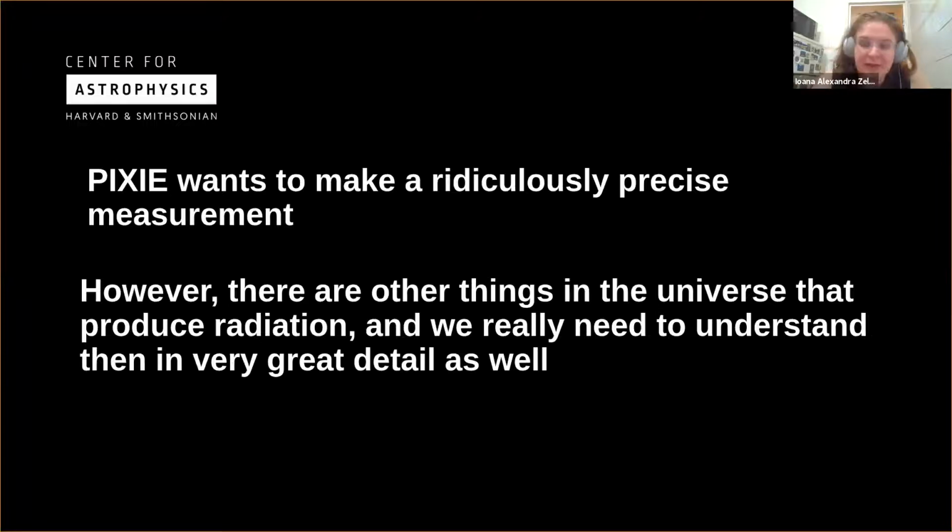And when we put a detector on a satellite in orbit around the Earth, the detector is going to capture all of these radiations simultaneously. And we need to be able to understand the radiation in very great detail to be able to remove it and get to the fundamental CMB science that we want to do.